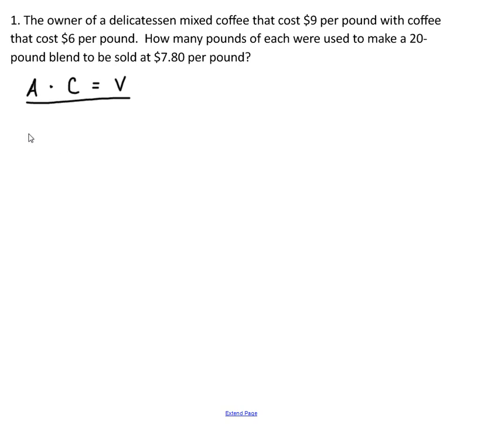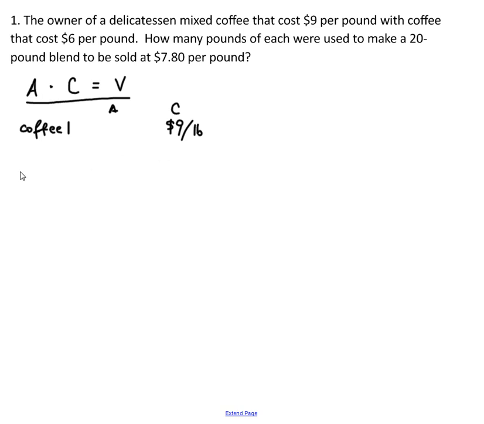Well, we've got two types of coffee. We've got coffee one, and we know that the amount, well, we don't know how much. It's our amount. But we do know that its cost is $9 per pound.